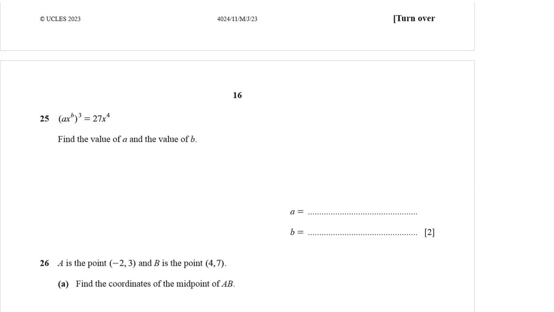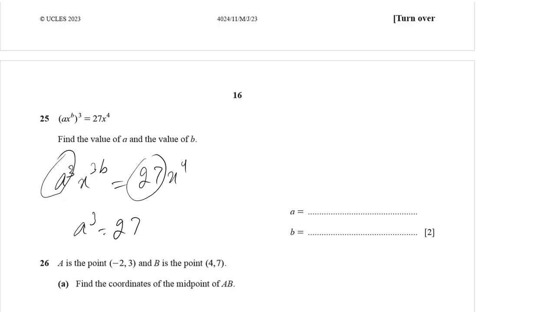Find the value of a and b. So you may open the bracket and then compare. It is a cubed x to the power 3b is equal to 27x to the power 4. So if the place of a cubed is 27, you can compare them and take the cube root on both sides.